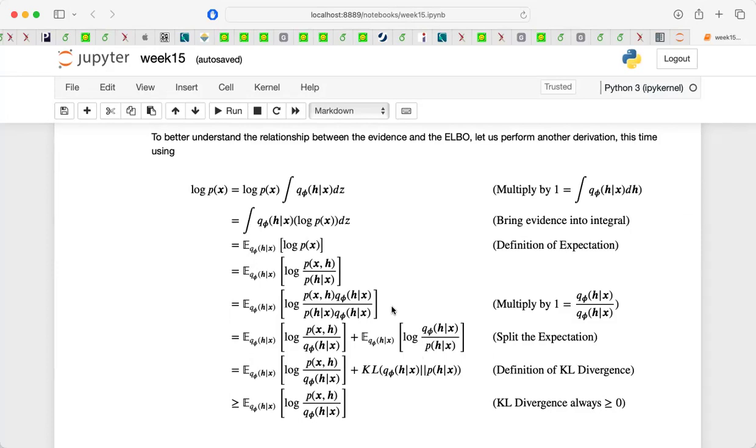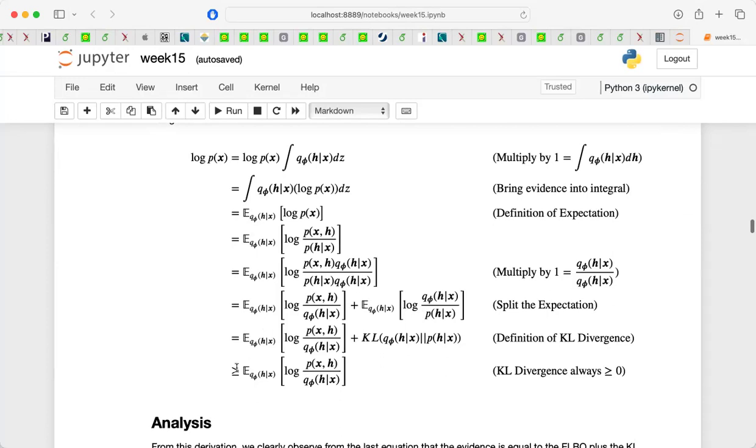So these are just manipulations of the expression for the probability we want to find, where, keep in mind, I have suppressed the parameters theta. So when we are doing the optimization, it means that we are doing an optimization with respect to the parameters theta, but also with respect to the parameters phi.